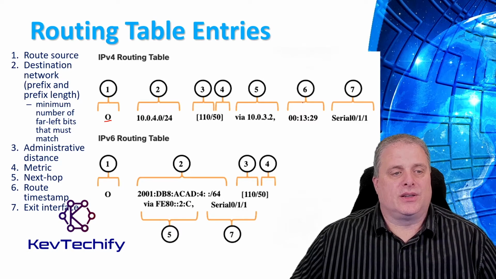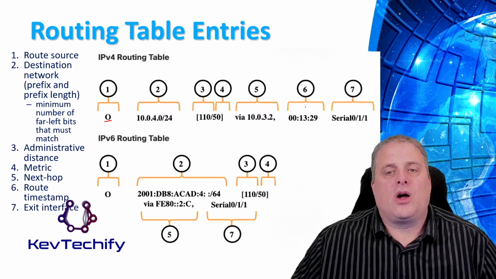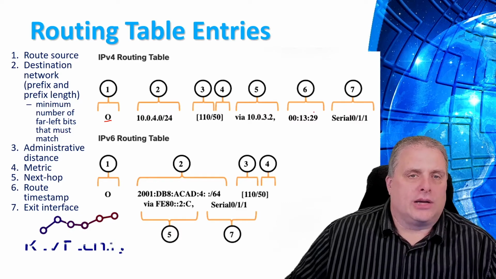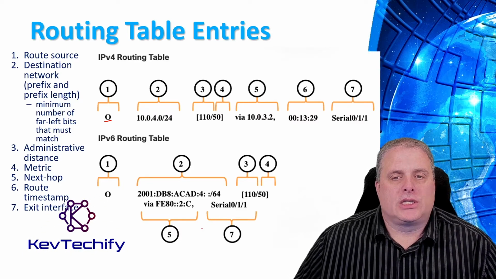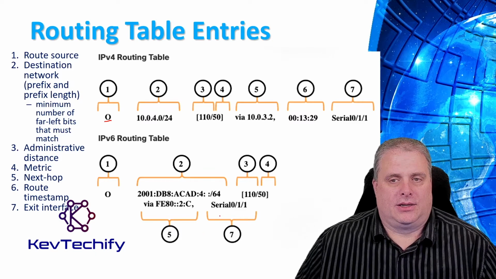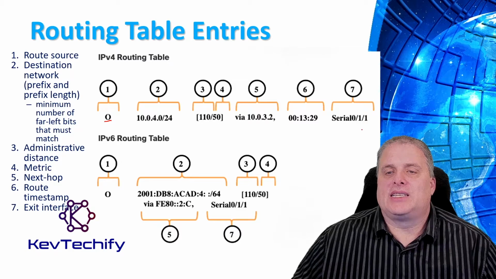The sixth field is the route timestamp. That gives us an idea of when we learned about it, how long ago we learned about it. Now, some routing protocols use this, some don't. Notice IP version 6 does not have that. And then the last one, the seventh field, is the exit interface.